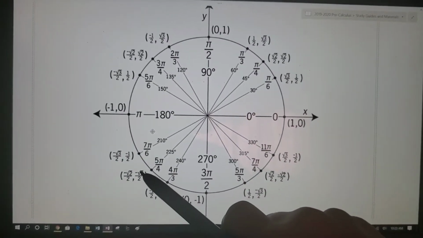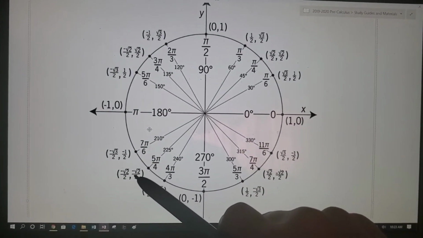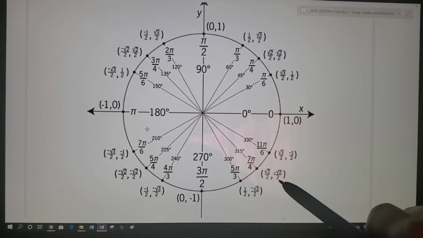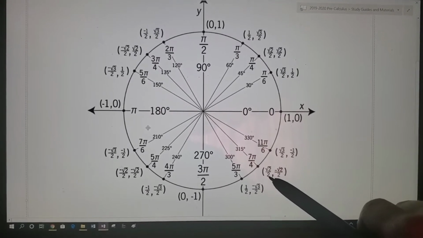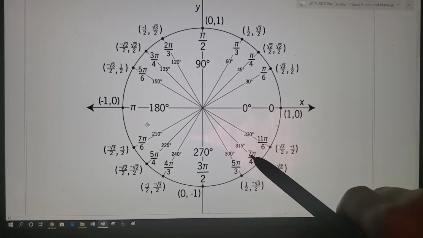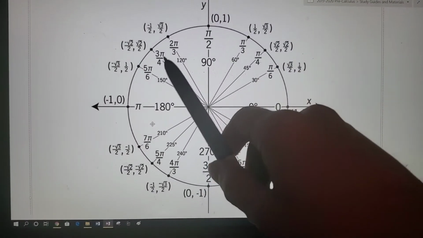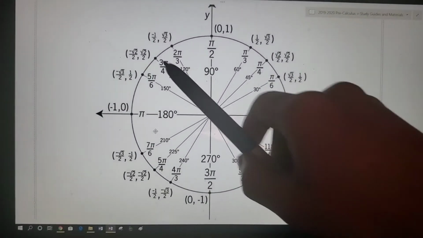Check this one, they're both negative, so this would give us +1. This one as well has a positive and a negative. So my two solutions will be this one at 7 pi over 4 and this one at 3 pi over 4. Let me write them down back in my notebook.